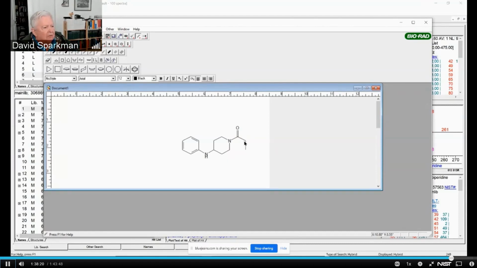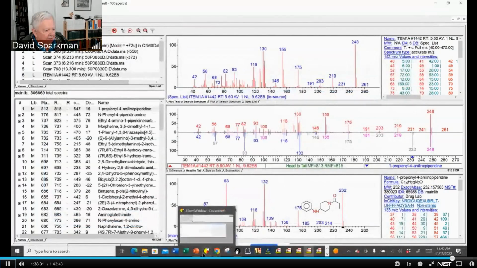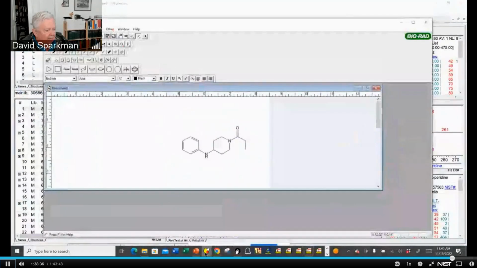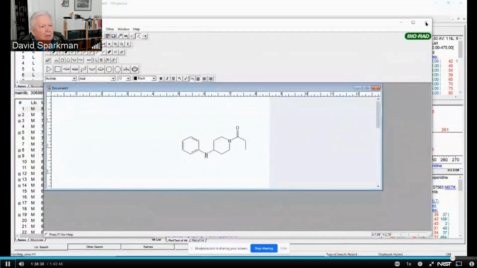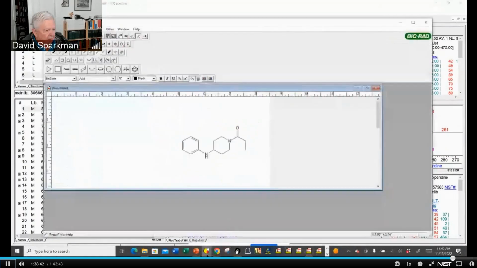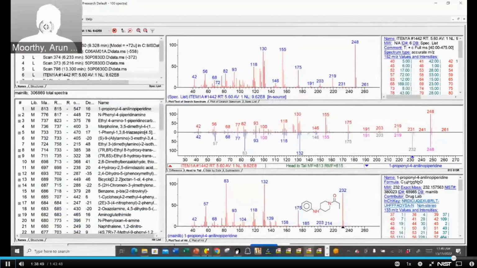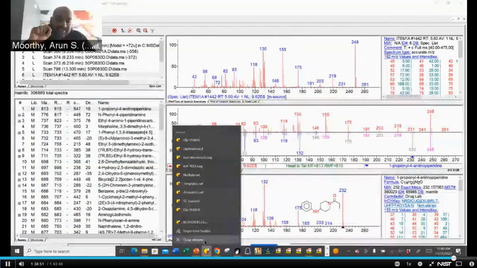Now, unfortunately, it looks like I'm going to have to open this again because I'm having the same mouse problem with this program that I had. Yeah, it seems like the same issue where your mouse is not where you think it is.